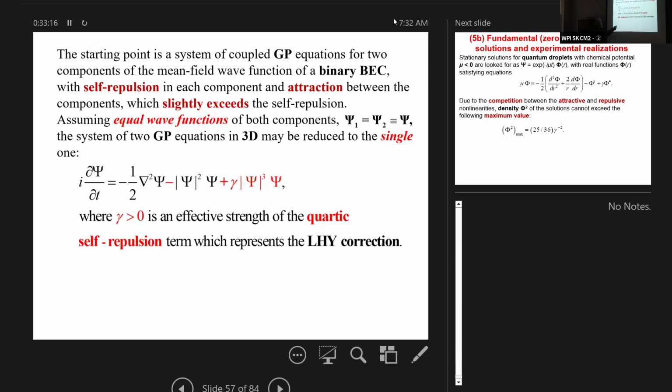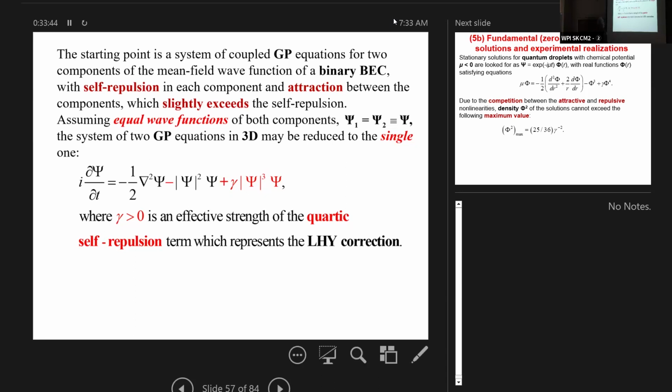And then this effective cubic nonlinearity will be a result of the competition of two terms: intrinsic self-repulsion and cross-attraction between the two components. And then the idea is, let us choose parameters at which the cross-attraction is slightly stronger than the self-repulsion. Then eventually, after rescaling, we will have the sign minus, which corresponds effectively to self-attraction.